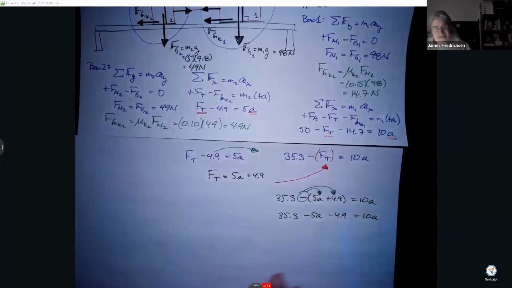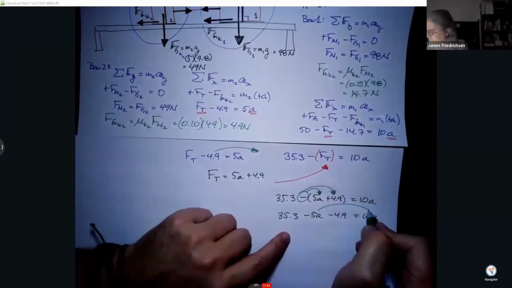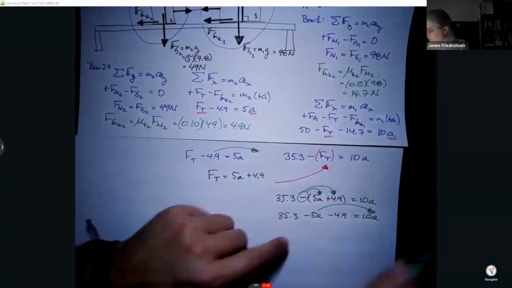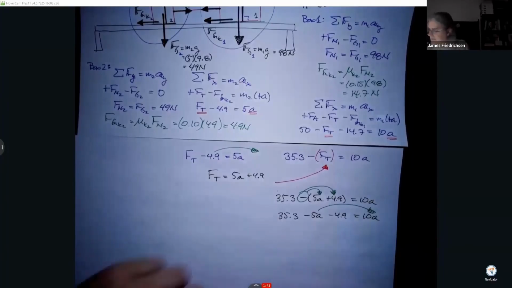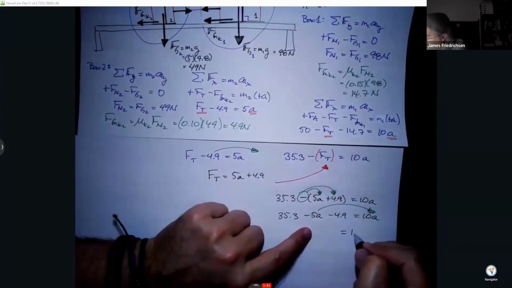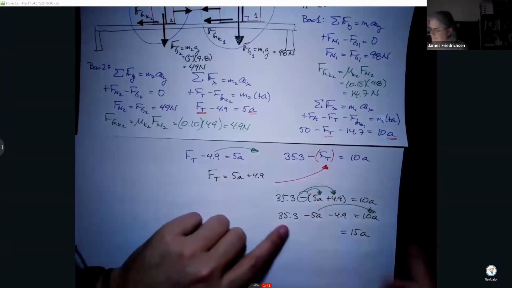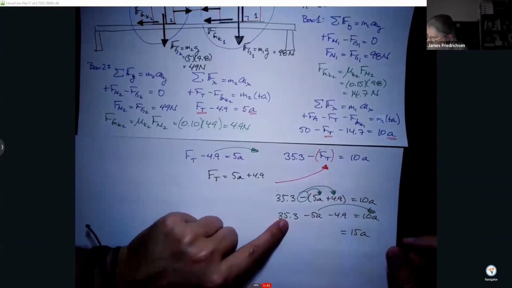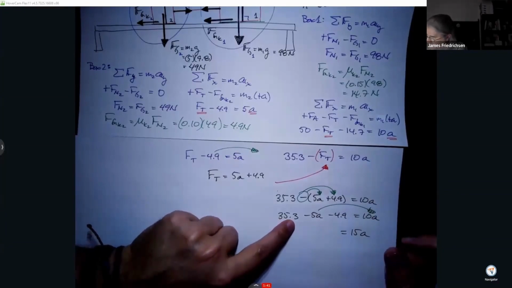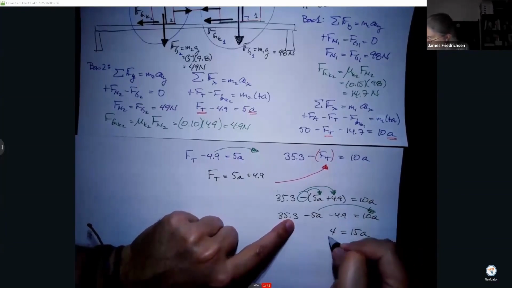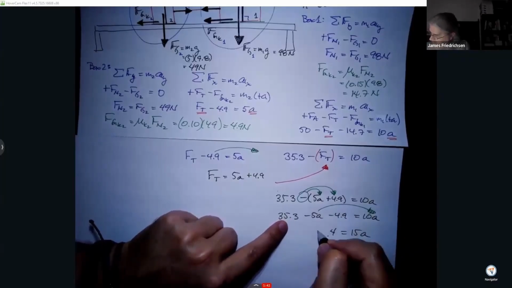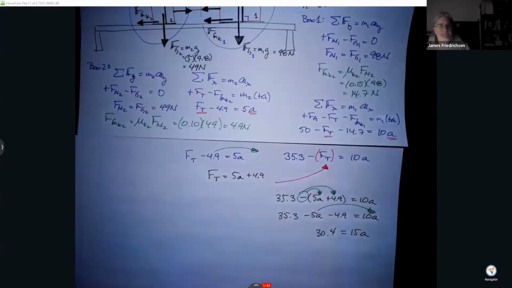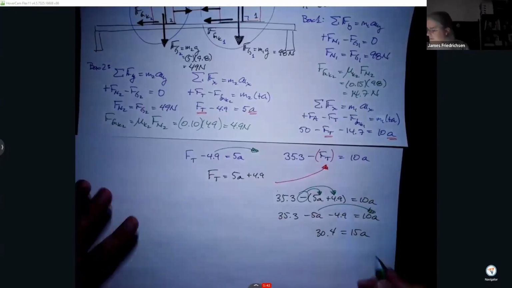I'm going to collect like terms. I'm going to move the 5a to the other side. 5a plus 10a is 15a. 35.3 minus 4.9, that's 30.4, right? Thank you. And then to solve for a, divide both sides by 15.